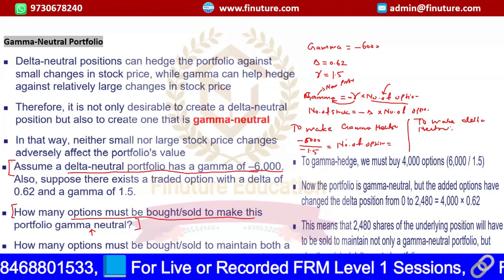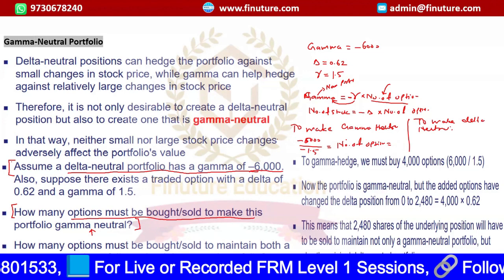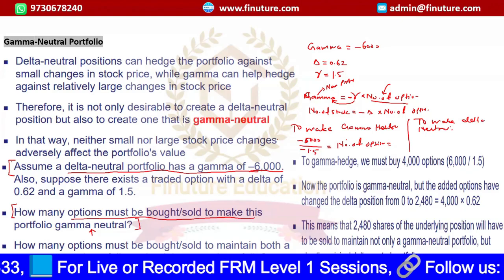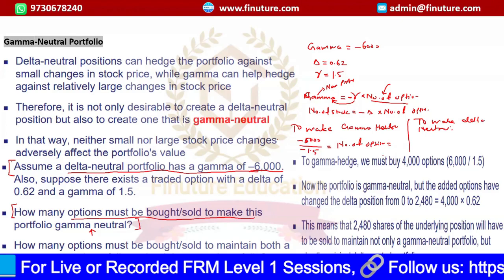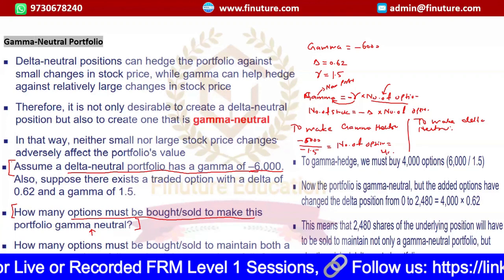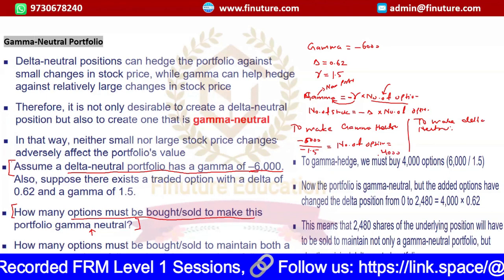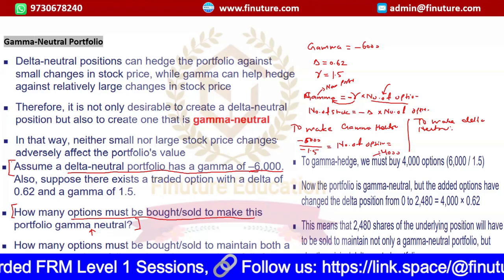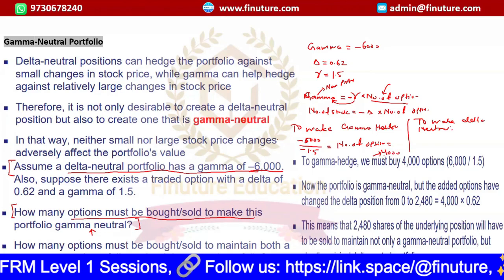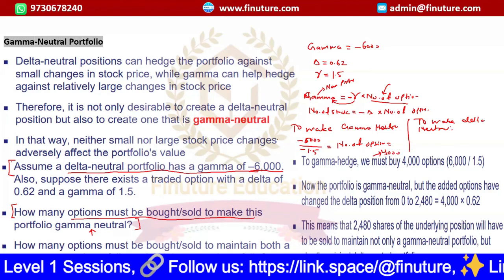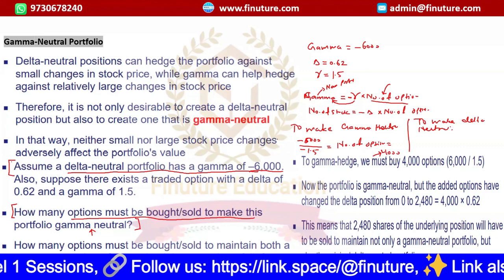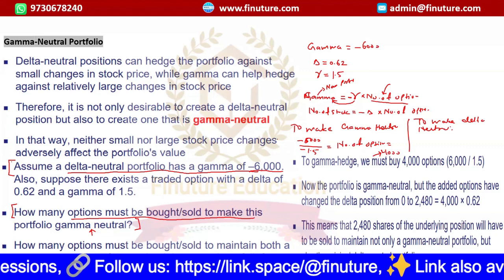Why is it minus 5,000? Isn't it minus 6,000? Yes, indeed, I was correcting that only. Thanks. So it's 4,000. You will purchase 4,000 options, and purchasing these many options will make your main portfolio gamma neutral.